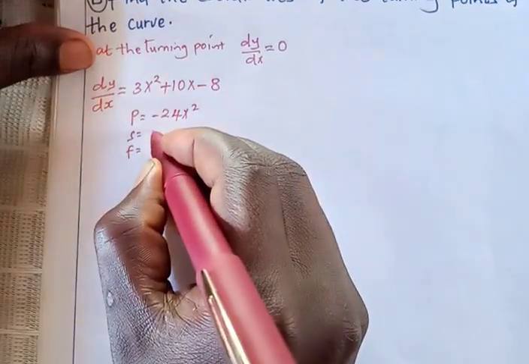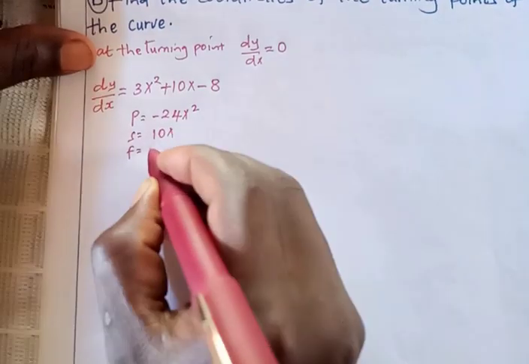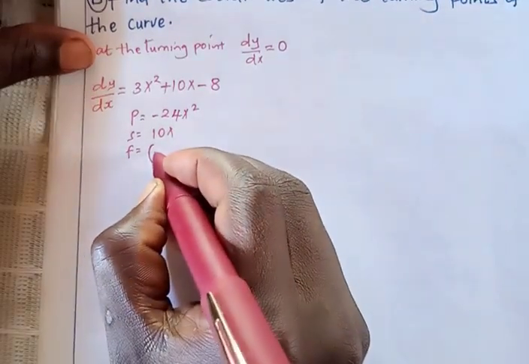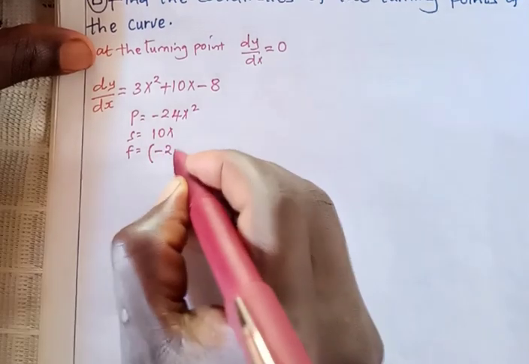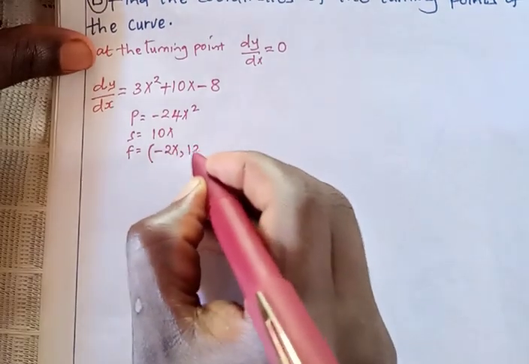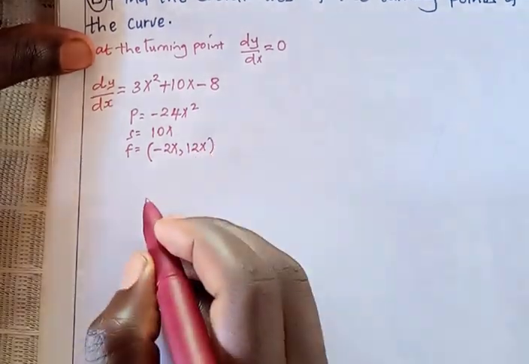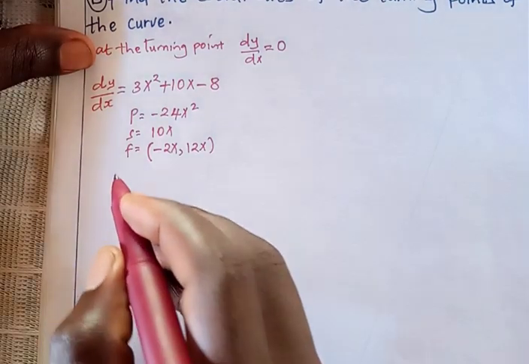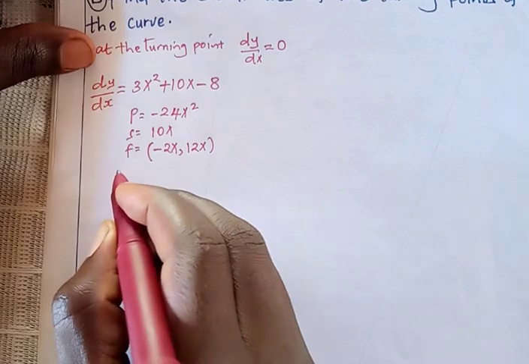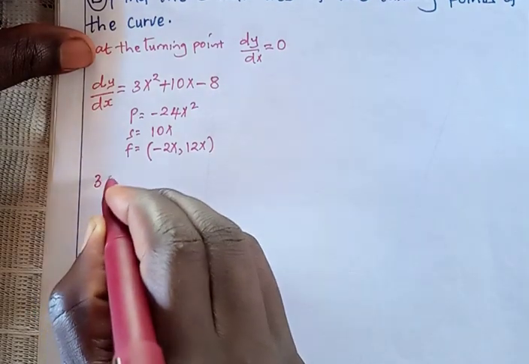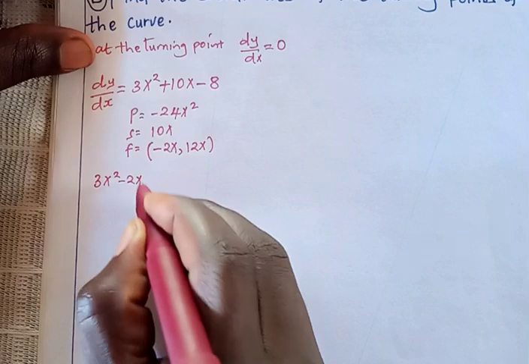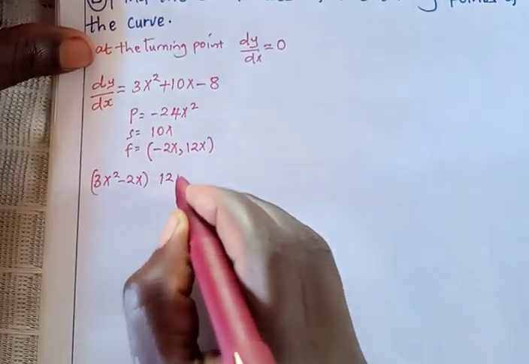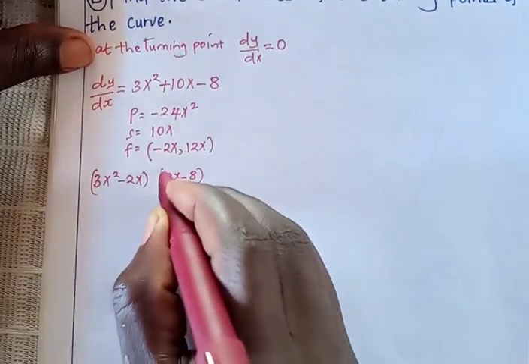The sum is 10x. The factors are negative 2x and 12x. If you multiply the two, you get the product, and if you add them, you get positive 10x. Now, 3x squared minus 2x, then 12x minus 8.